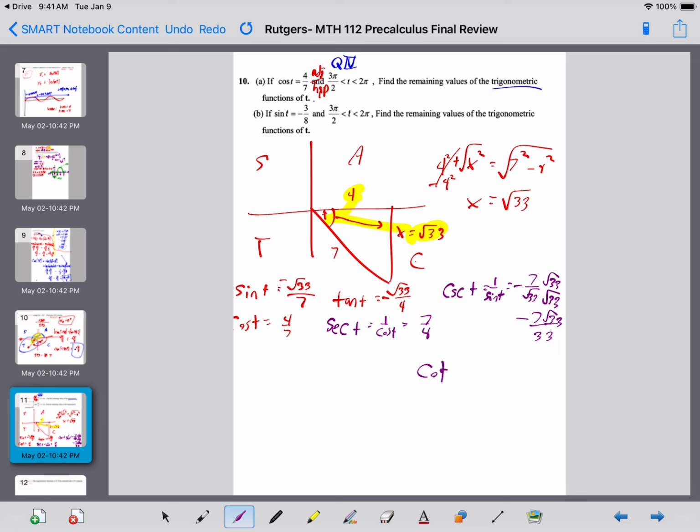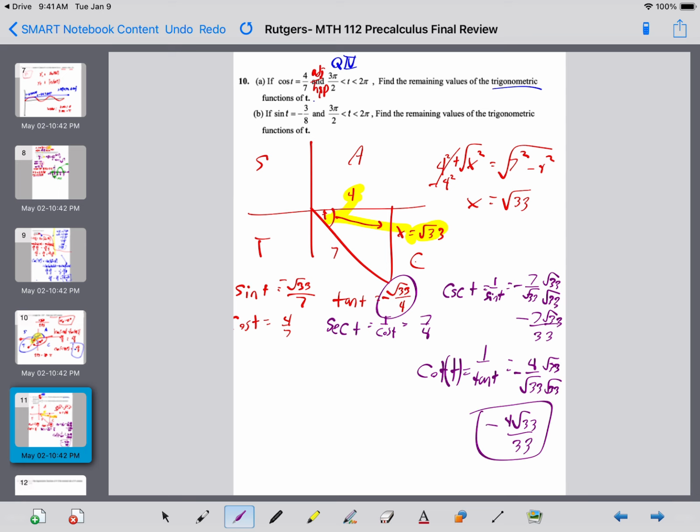And then cotangent of t is going to be 1 over tangent of t, or the reciprocal of tangent. So it would be negative 4 over the square root of 33, multiplied by the square root of 33, would be negative 4 square root of 33 over 33. Okay.